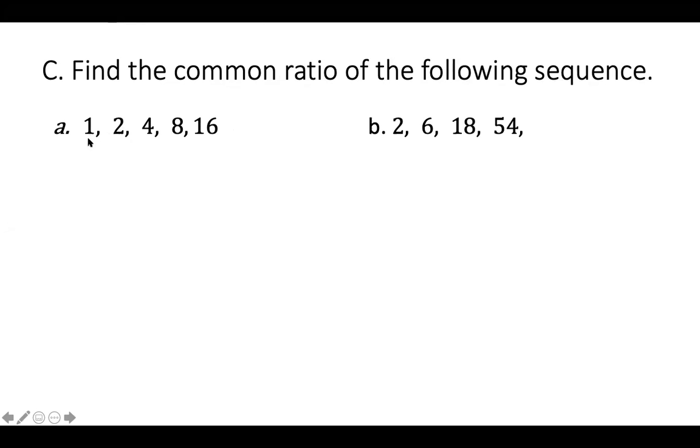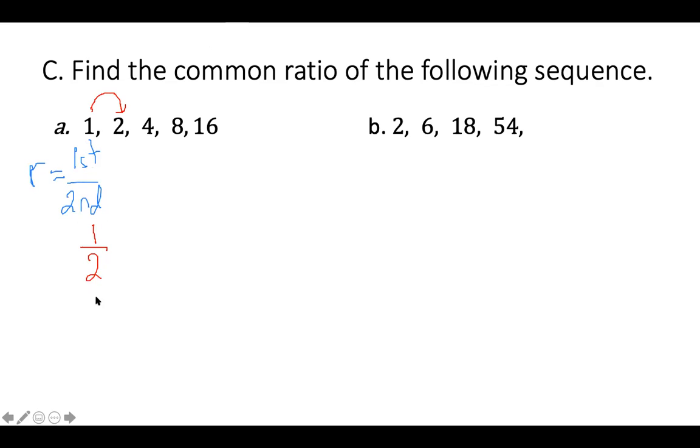So pwede natin gawin ang ratio natin, let's say R, is equal to the first number over the second number. Okay? That's our ratio. Alright? So, paano natin siya gagawin? Gagawin natin ito. First over second. So, that's 1 over 2. Okay?